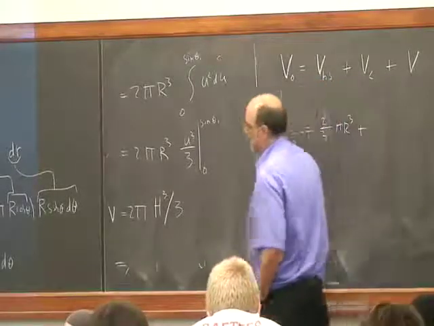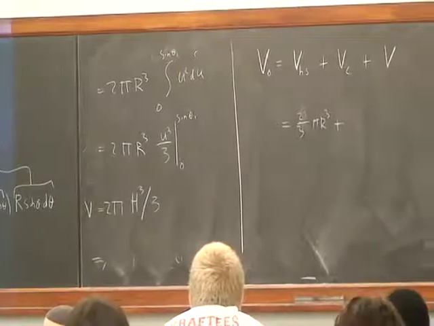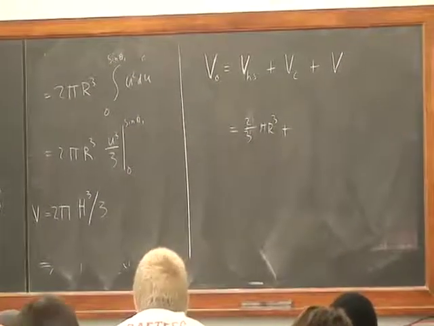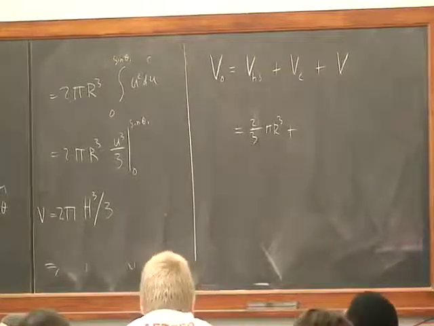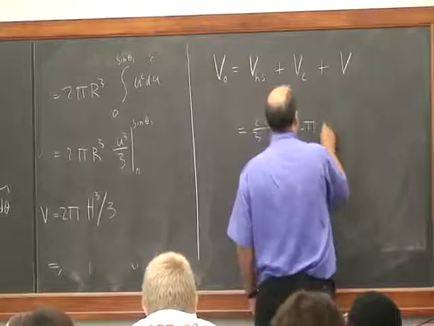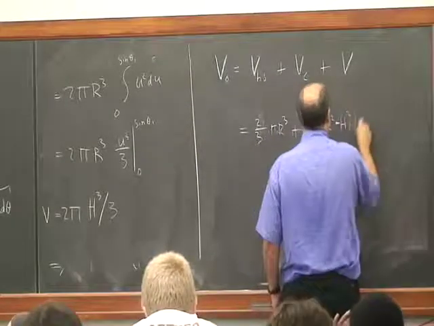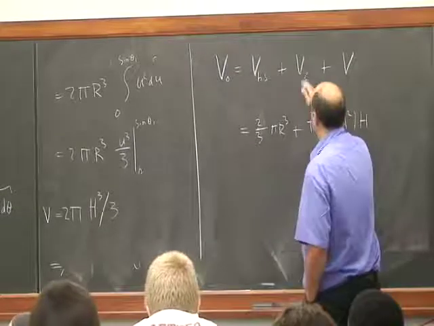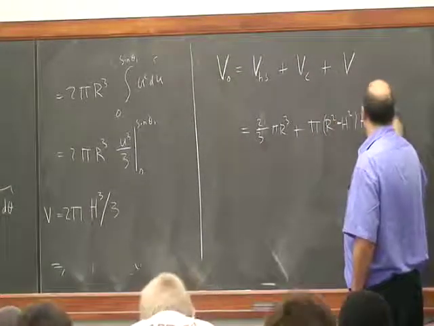The volume in the cylinder was pi times r squared minus h squared, times h. And then this volume we just figured out, this V, is 2 pi h cubed over 3.